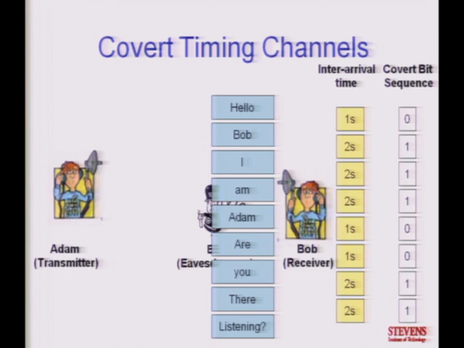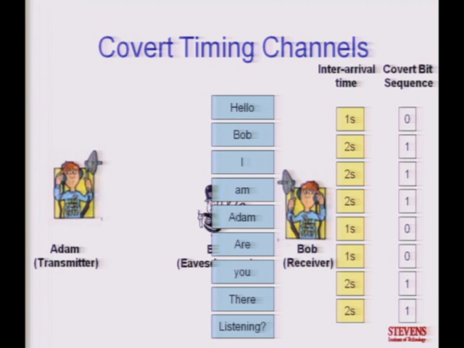Adam could have transmitted that bit sequence 011, 100011, whatever, and Ed would not even know that this has happened because it's not in the message, it's actually in the interpacket delay. Now, this is what is called a covert timing channel because it's dependent on the interpacket delay.